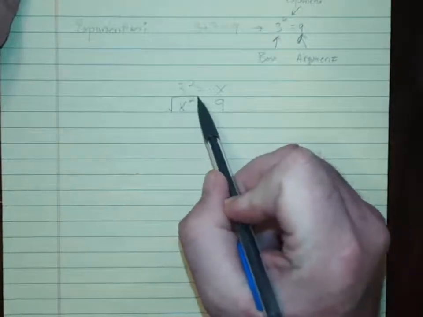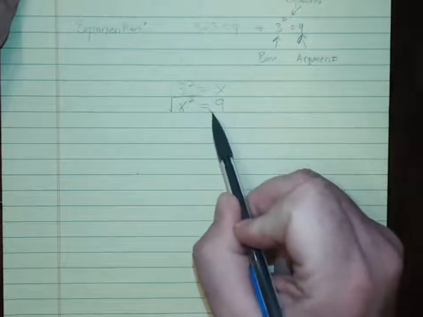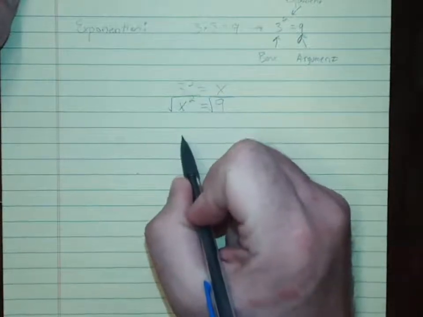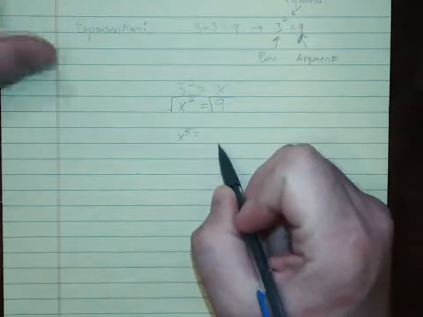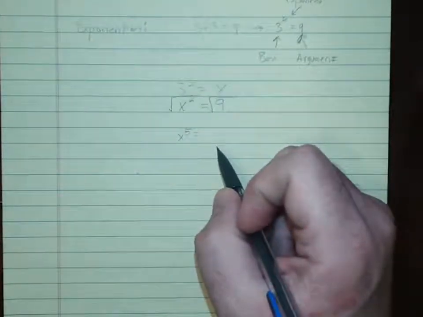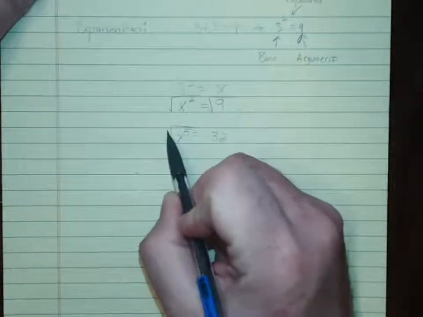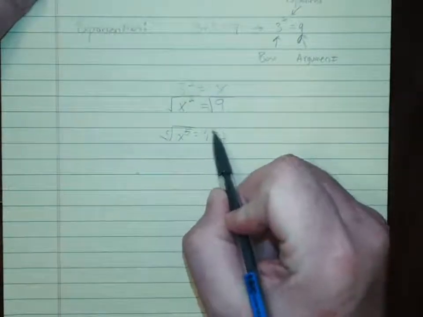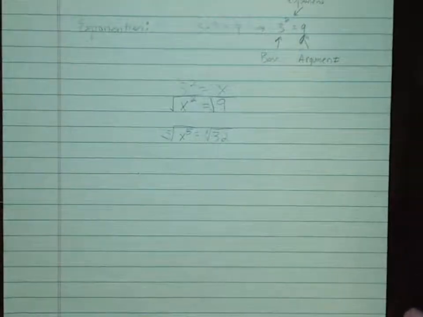If you're raising something to the second power, you take a second root. If I had, say, x to the 5th power equal to 32, I could take the 5th root of each side, and that would give me my x value. It happens to be 2, just FYI.